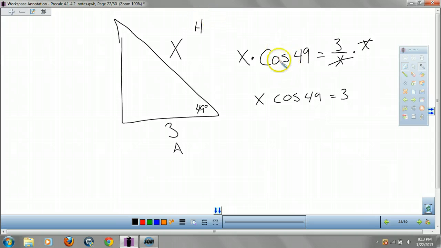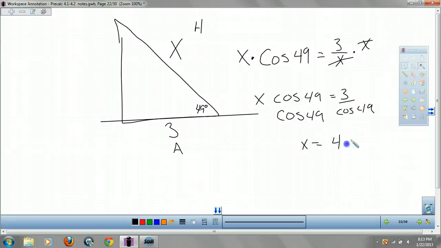Do you guys remember that one trick I taught you where you switch these two numbers? So we divide both sides by cosine of 49. And x equals, plug in my calculator, 4.57. Okay? So be careful with those x's on the bottom. Just multiply both sides by x. Okay? Done.